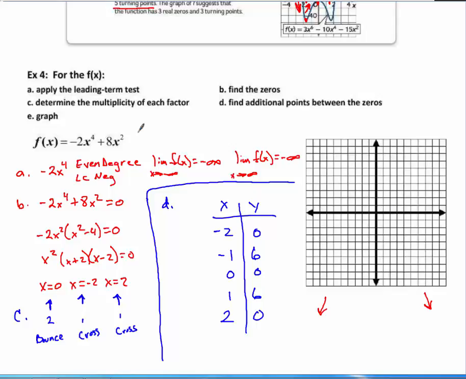And so now we know on our graph that we're going to cross it here, we're going to bounce here, and we're going to cross it here. So when we put all these points, negative 2, 0, negative 1, 6, 0, 0, 1, 6, and 2, 0, we know that we're going to cross here, we're going to bounce here, we're going to cross here, and we need to start down low.